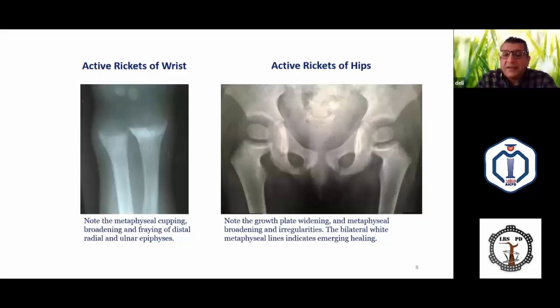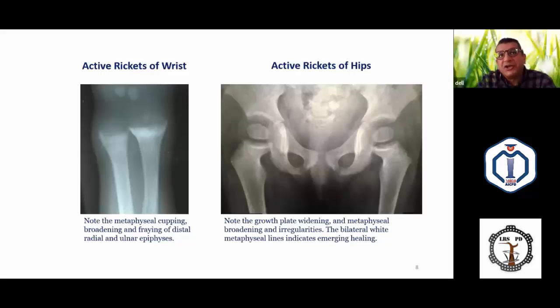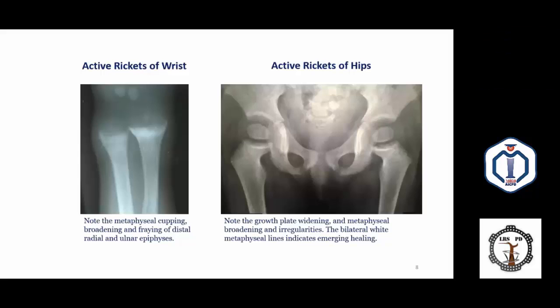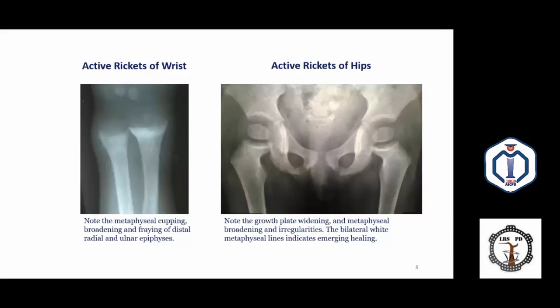But having demonstrated this X-ray, we have to mention that we do not routinely X-ray the hips to screen for radiological signs of rickets because of a fear of excessive radiation exposure to the genitals in children, but only occasionally in some specific indications.